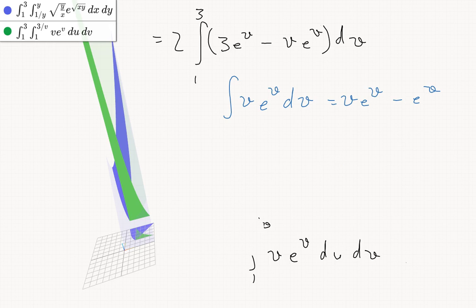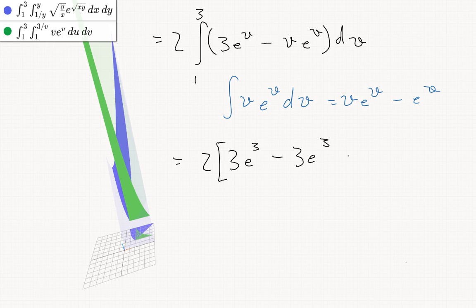Okay, so our integral is now 2 times 3 e to the 3 minus 3 e to the 3 plus e to the 3, and then minus 3e minus 1 e to the 1 is e, and then plus e to the 1.